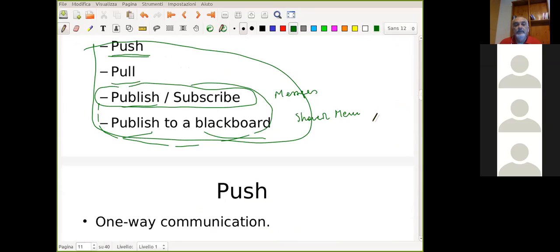In general, also in software engineering and distributed systems, not only in real-time systems, these are the methods used to make agents or tasks communicate with each other in the network, on the internet, on the same machine, and so on.